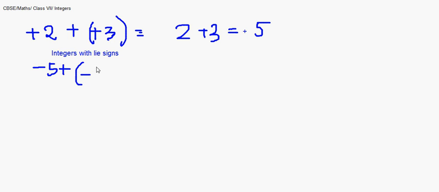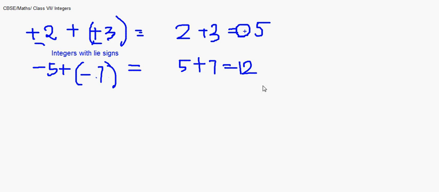If you have to add them, add the absolute values, that's the first step. Minus 5's absolute value is 5, and with another integer, maybe 7, the absolute values of both added make 12. The sign here we had taken plus because the common sign in the first example was plus. Here the common sign is negative, so the answer also becomes negative.